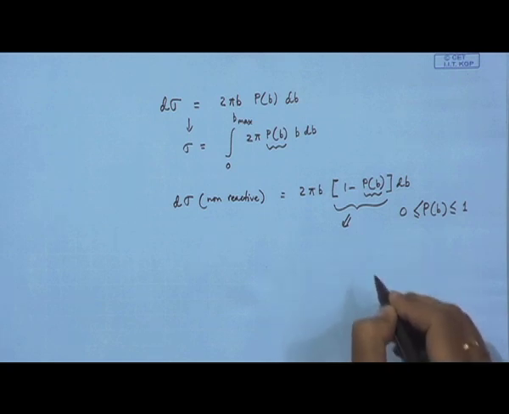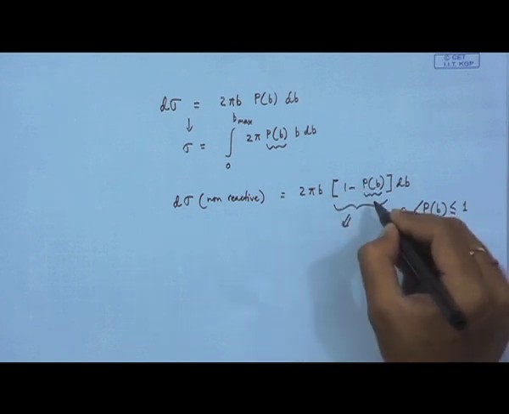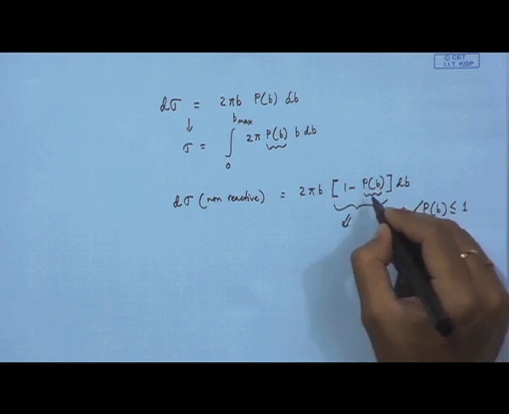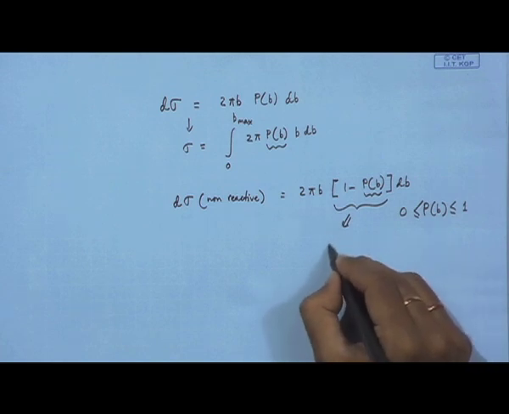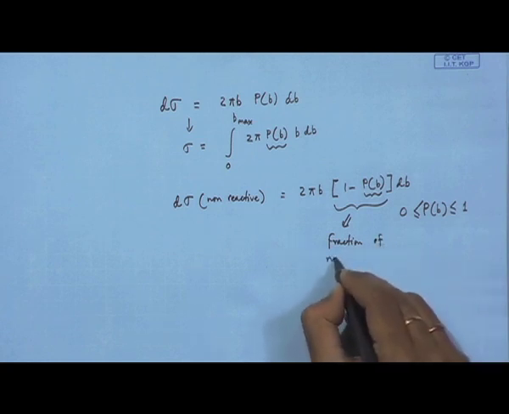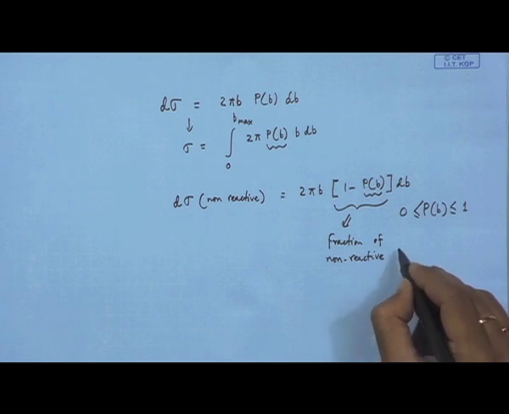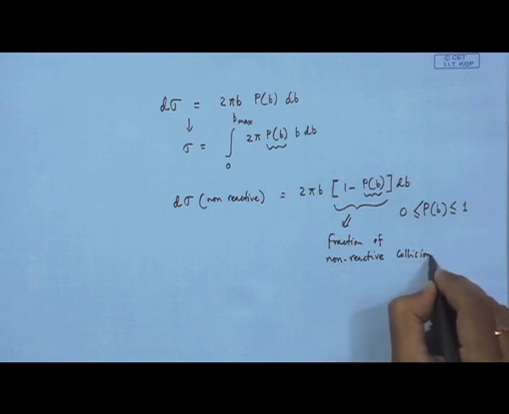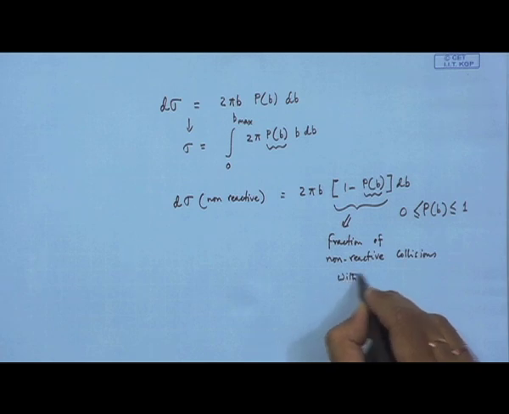With a given impact parameter, this is the fraction of the collisions that are not reactive.